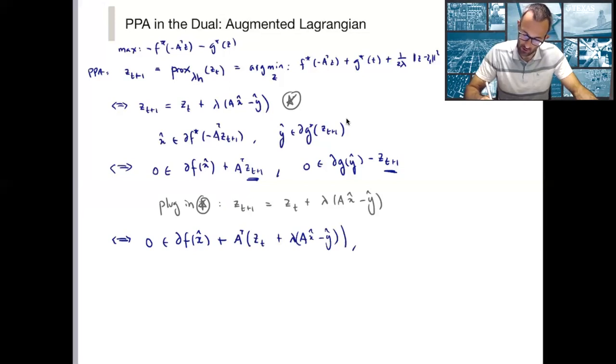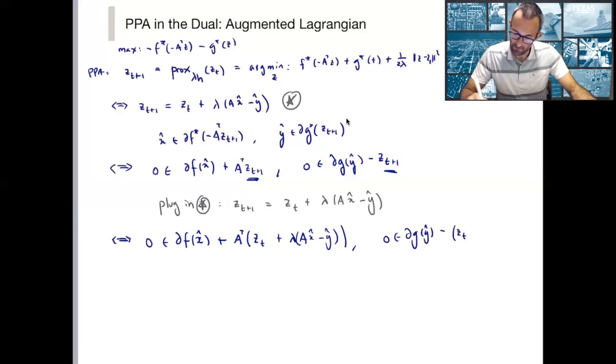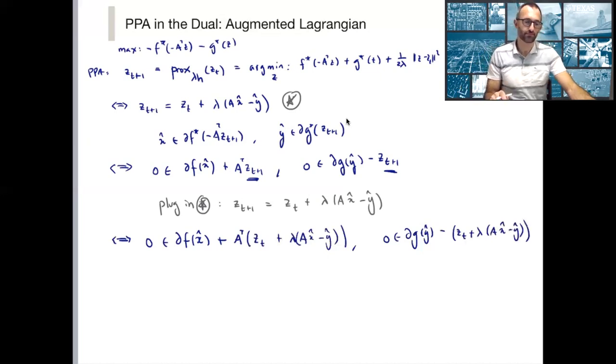And similarly, 0 is an element of the subdifferential of g at y hat minus z_{t+1}, which is z_t plus lambda (A x hat minus y hat).